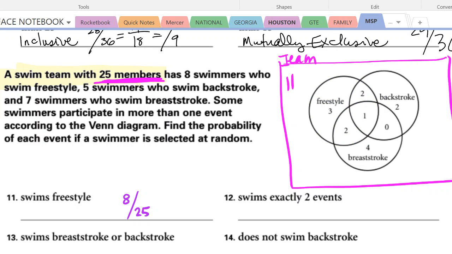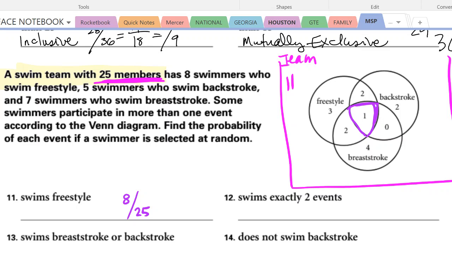What's the probability that they swim exactly 2 events? I want you to notice that freestyle is 1. Backstroke is another. And then breaststroke is this third. It may be hard to see with this green, but the very center of that is a kid who swims all three.